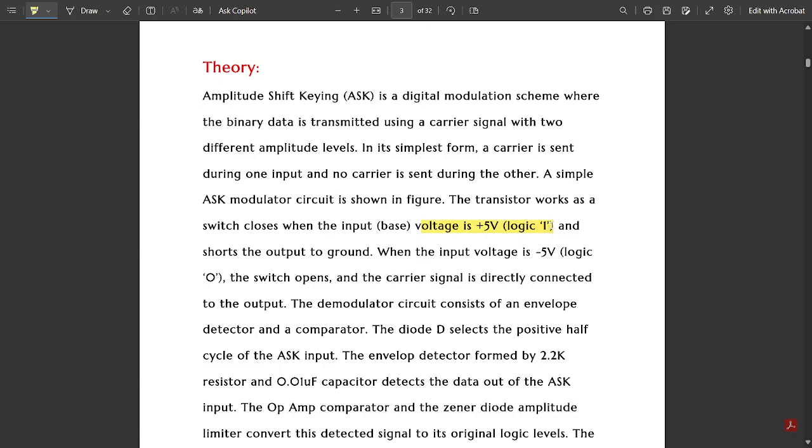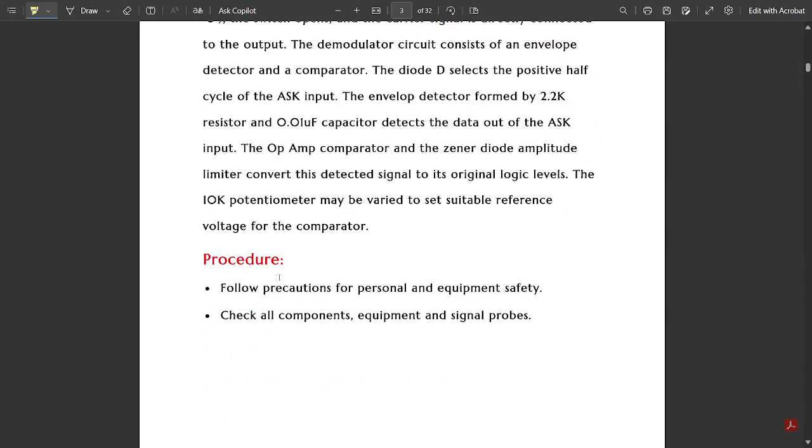That is, the 5 volt logic one is activated, and you get a sinusoidal carrier signal. But whenever the transistor switch is turned off, that is, it turns to -5, logic 0, then the output of the carrier wave is zero, or the amplitude shrinks. So that's basically the amplitude shift keying signal that we'll see in the waveform.